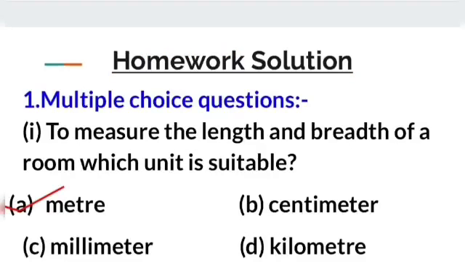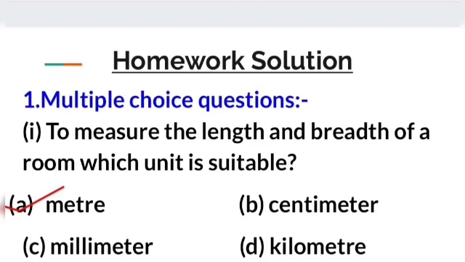Now we will discuss the homework solution of the previous lecture. First question, multiple choice question. First part, to measure the length and breadth of a room, which unit is suitable? Meter.